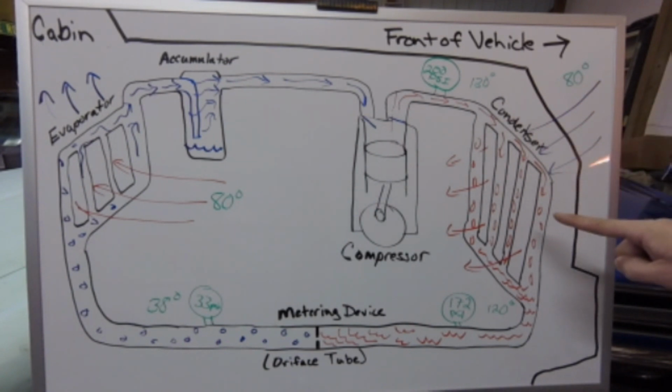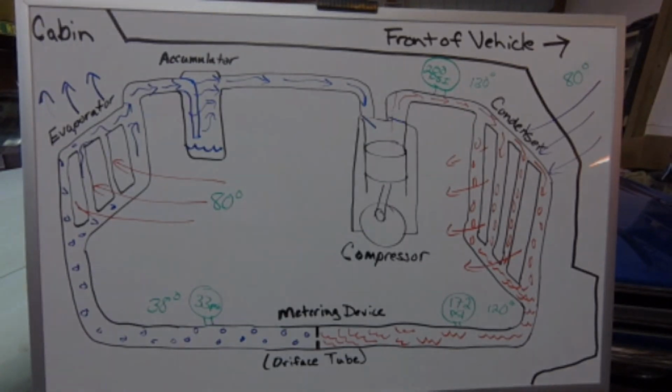And that's why when we bring it back over here, the ambient air pulls the heat energy as the refrigerant is condensed and draws it out and dumps it outside the car. So that is the refrigerant cycle and how it actually works for us.